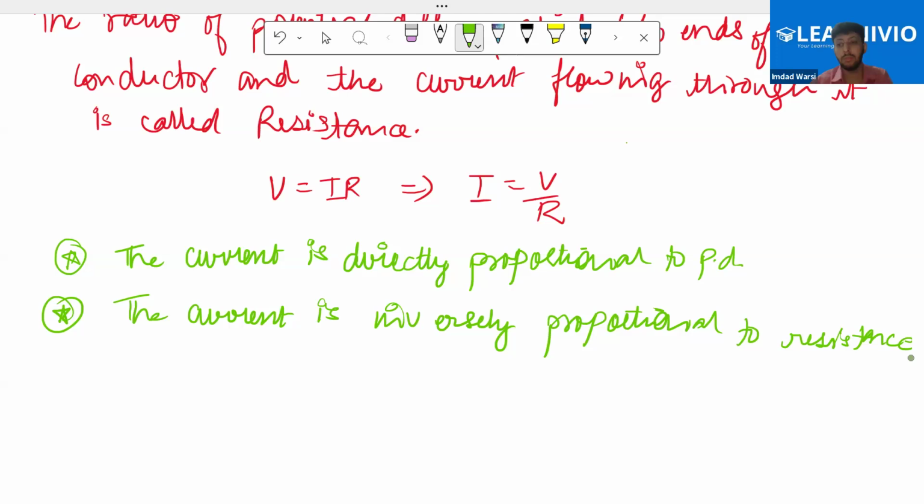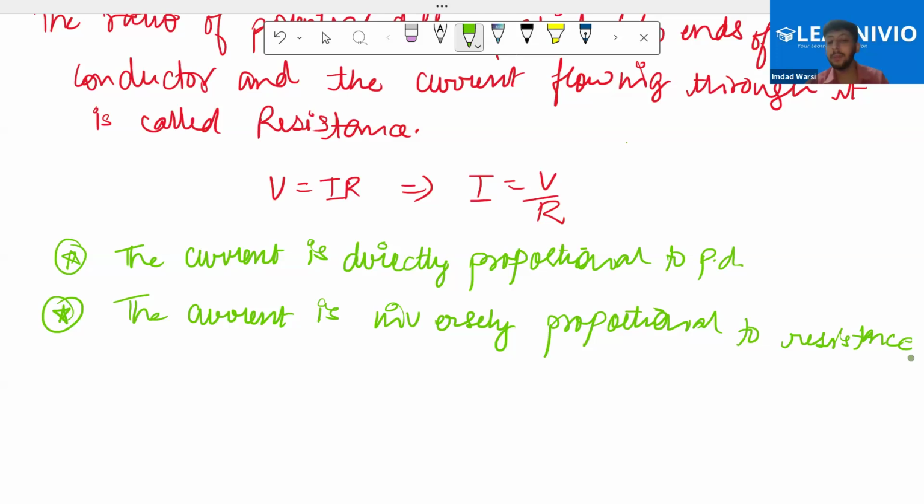The current is directly proportional to potential difference. Which means if I increase current, potential difference will increase, or if I increase potential difference, current will increase. Which means if I increase any one, the other one will increase.